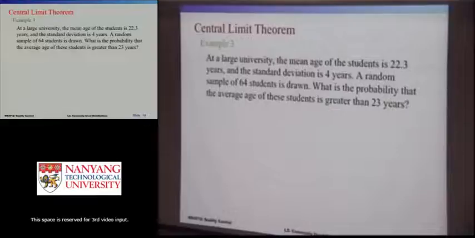Which one? Average, right? So our random variable should be the average of 64 students. Then what kind of distribution does this random variable satisfy? From the CLT, it should satisfy a normal distribution, right?